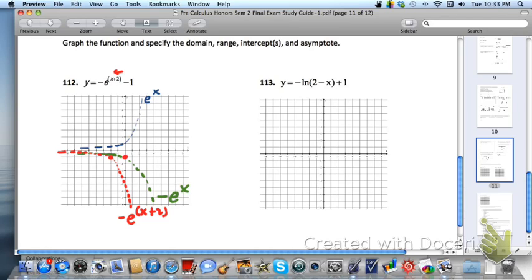And then all we have to do is take this graph and drop it down 1 unit. But when we drop it down 1 unit, we're going to end up with the horizontal asymptote moving as well. And so I'm going to go ahead and just drop this down. First of all, I'm going to erase everything, but I'm going to remember that negative 2 is my key point.